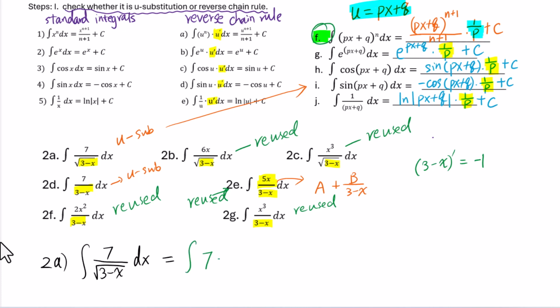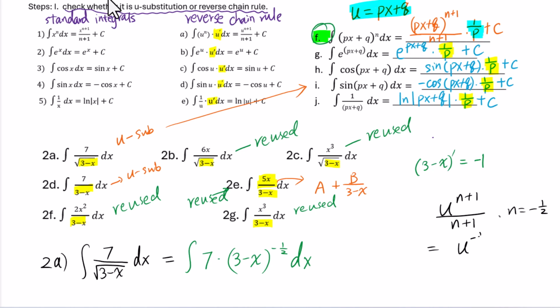Integral of 7 times 3 minus x to the -1/2 power dx. For u to the power of n plus 1 over n plus 1, when n equals -1/2, we got u to the power of -1/2 plus 1 all over -1/2 plus 1, which is 2 square root of u.